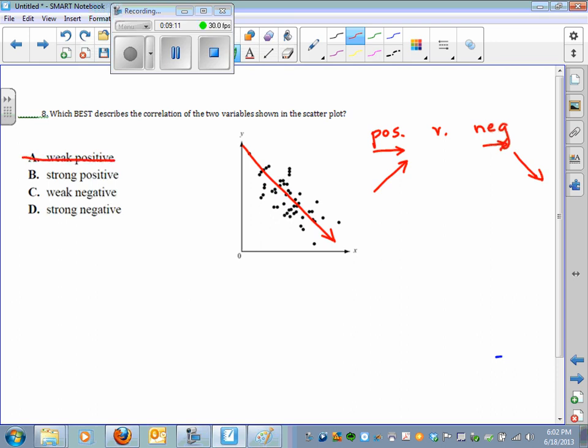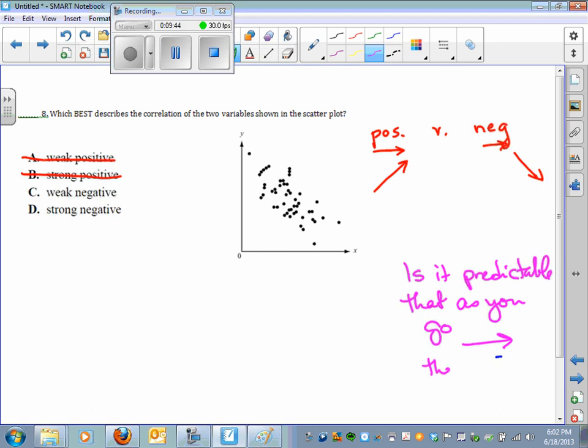So now you're asking, is it weak or is it strong? It's kind of a matter of opinion sometimes, but here's the question for these purposes that you need to ask yourself. If it's negative, is it predictable, that as you go to the right, the dots go down?